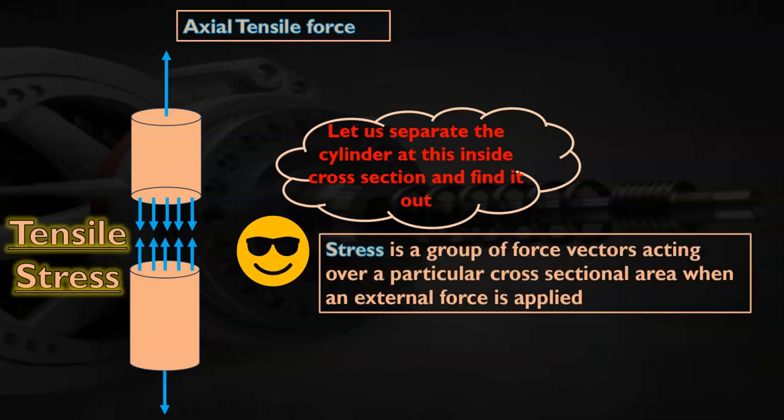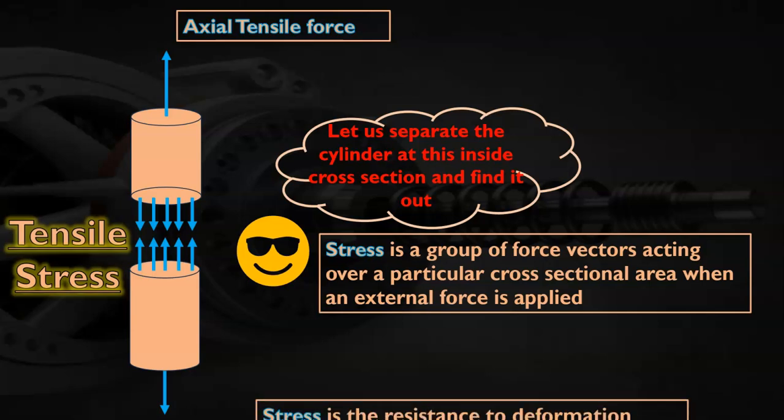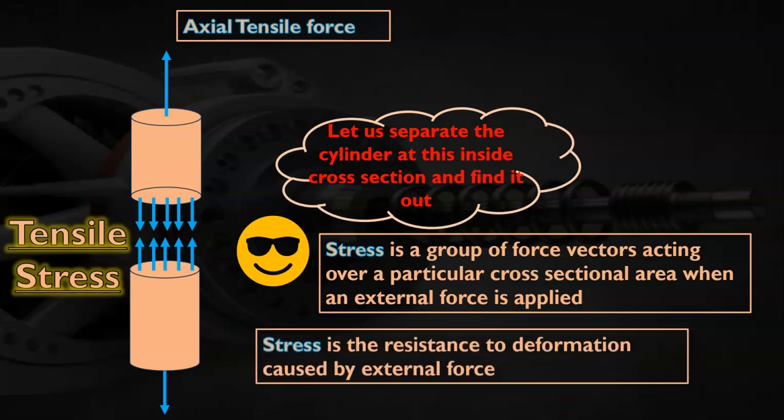So what is stress? Stress is a group of force vectors acting over a particular cross-sectional area when an external force is applied. You can see in this figure, there is a group of force vectors acting away from the cross section because it is tensile stress. Another definition of stress is the resistance to deformation caused by external force.